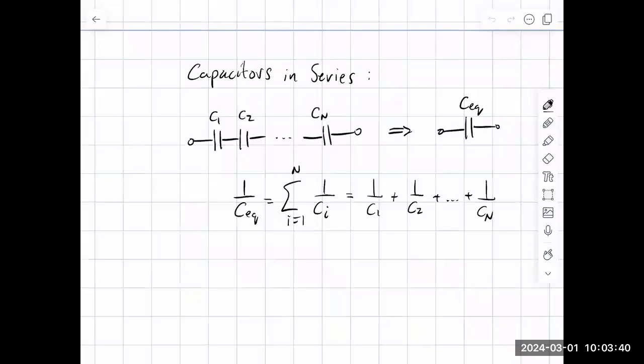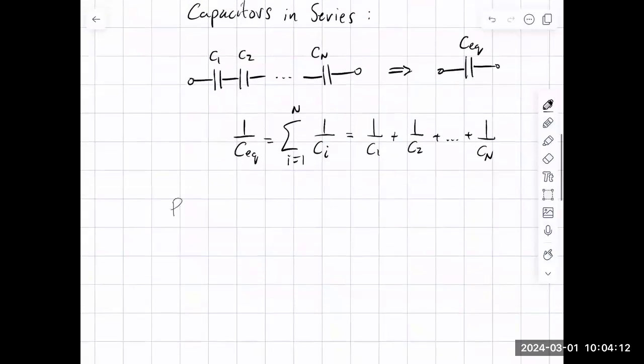We could again represent that series combination as a single equivalent capacitance, but this time 1 over the equivalent capacitance is equal to 1 over C1 plus 1 over C2 plus 1 over C3, and so on. So it's the inverses of the series capacitors that add up to give the inverse of the equivalent capacitance. We haven't shown this result, and so that's what I want to start with today. So let's do our little proof of this result.